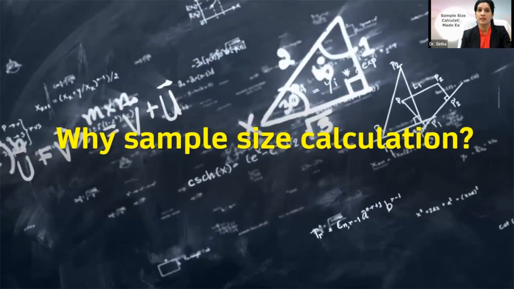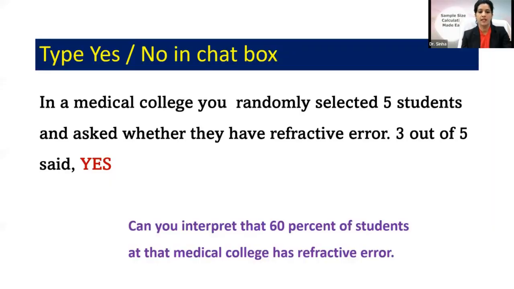Now, in a medical college, which could be any medical college, you randomly select 5 students, and you ask whether refractive error is there or not. Out of 5 students, 3 have said yes to this question.